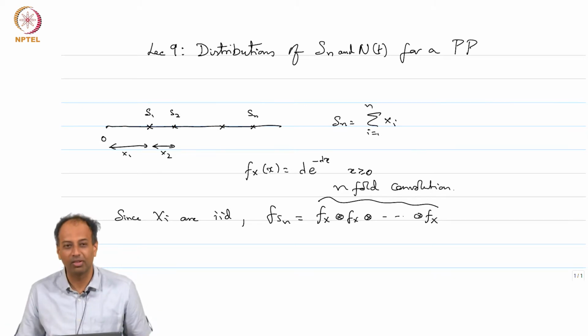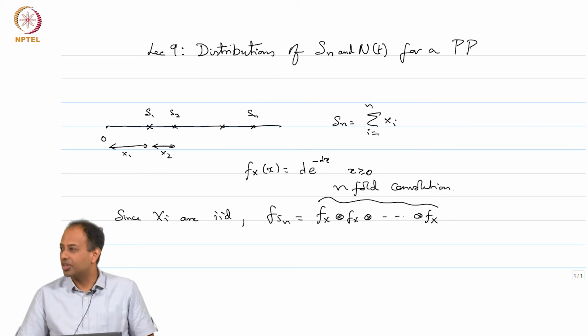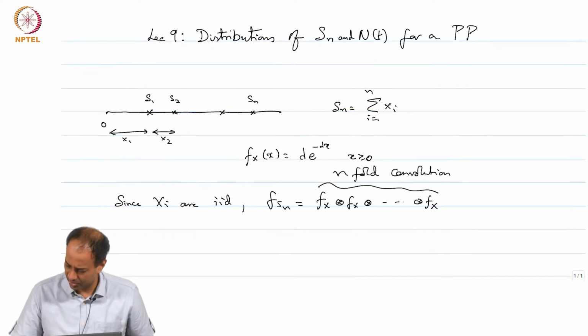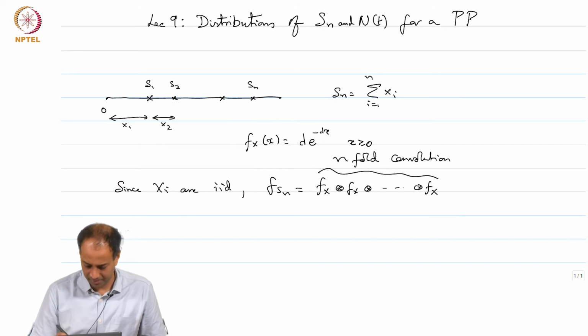So, you can sit and convolve the exponential distribution n times, or if you know something about Laplace transforms, you can take the Laplace transform, take the nth power of the exponential's Laplace transform, and then invert back. What you get when you do this is something known as the Erlang density.